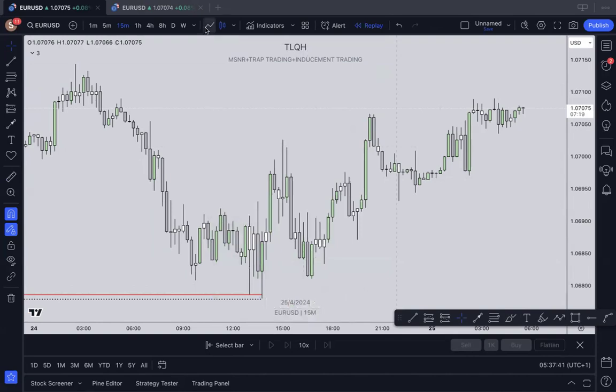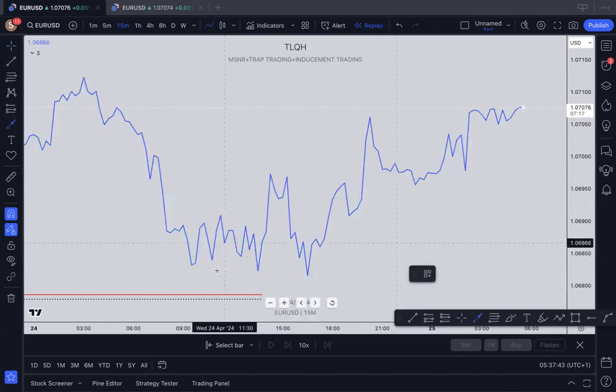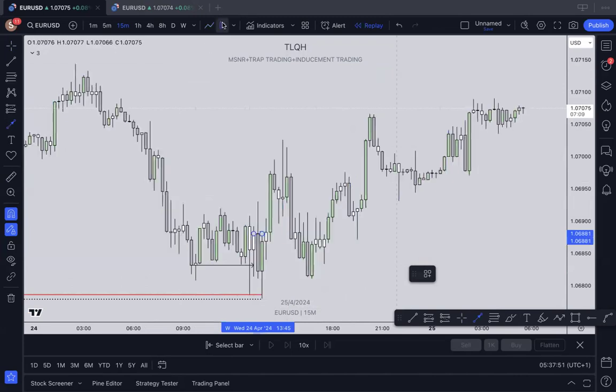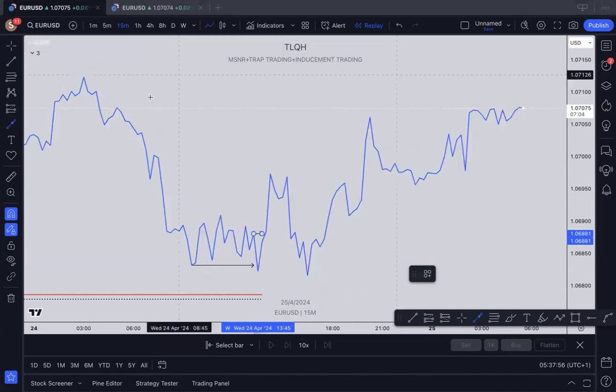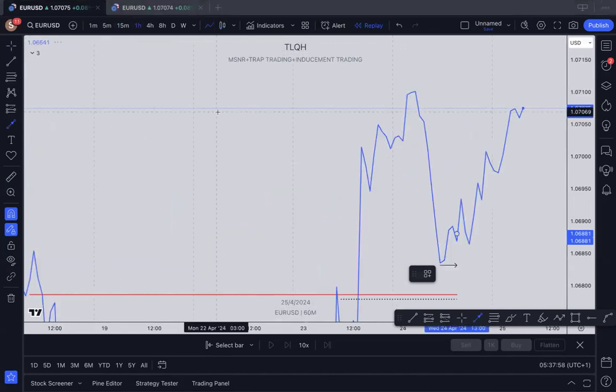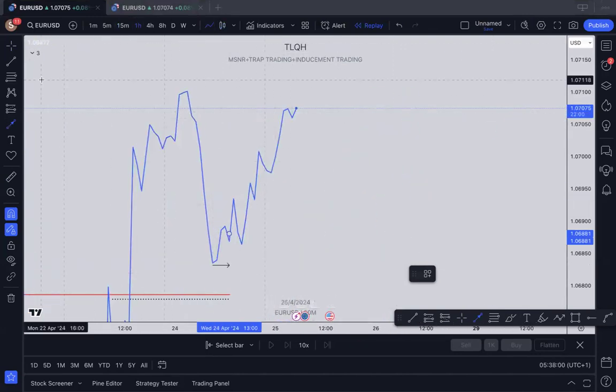So if we look here, we take out this low, and we take out this high, even these highs. Okay, where is this H1 MSNR? We've got H1 A level right there.